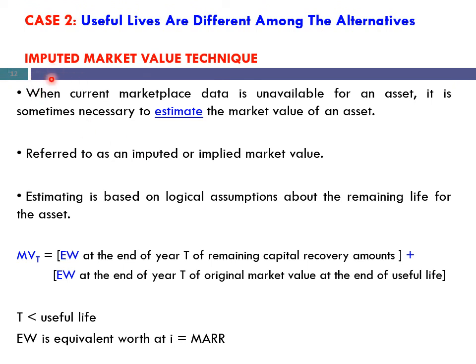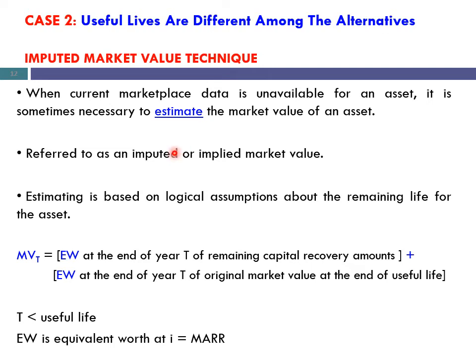So we can use the imputed market value technique to estimate the market value of the project or the equipment at the end of the study period. If we know the market value exactly, of course, we can use that value.